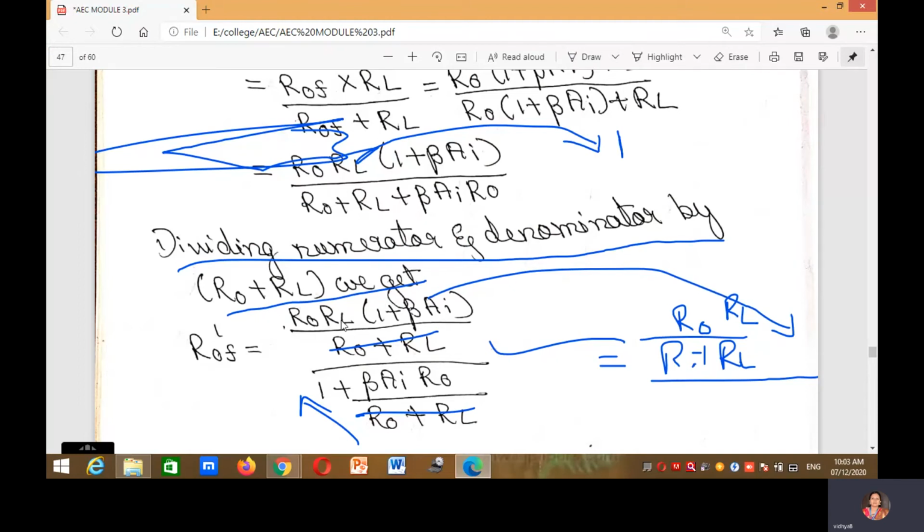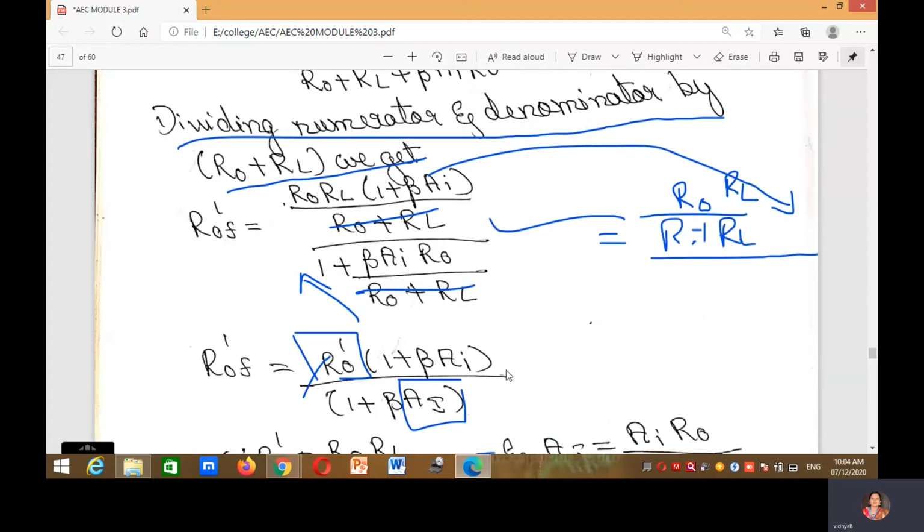We get R naught into RL divided by R naught plus RL. Here it will become 1 because R naught plus RL is there, so it gets cancelled. So you will get 1 plus beta into AI into R naught divided by R naught plus RL.